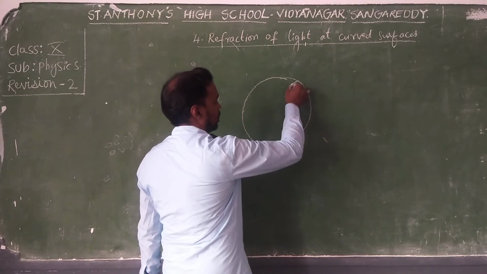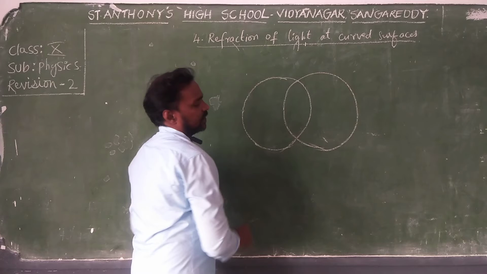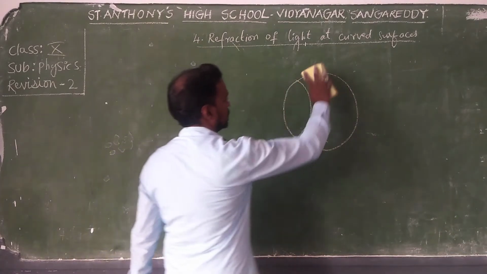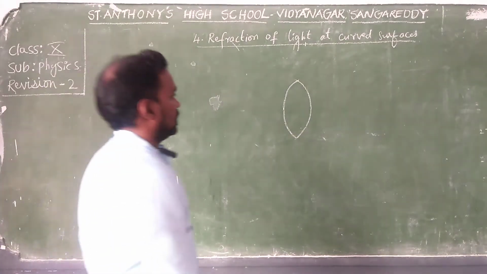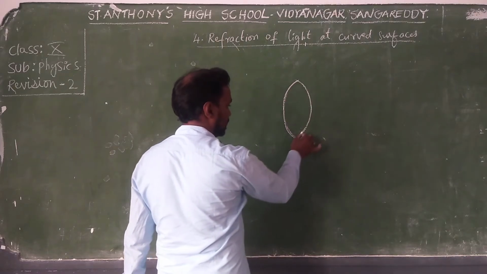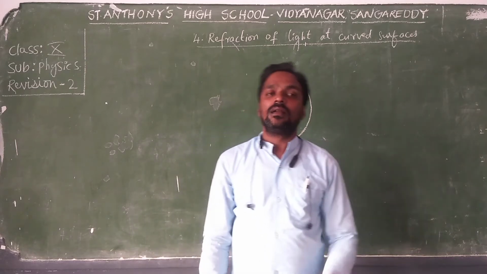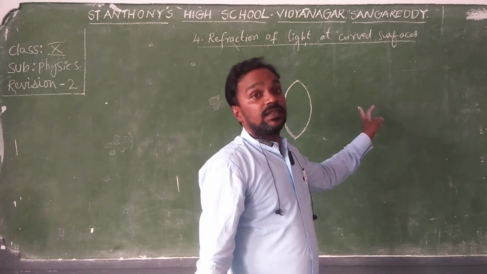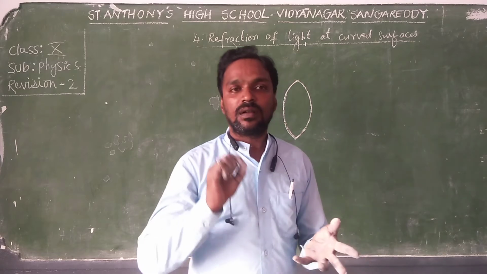And another sphere overlaps it, like a Venn diagram. If I remove this overlapping part from here to here, then this is bulged outside here and this is bulged outside here, and this is called a double convex lens or biconvex lens, or a converging lens.